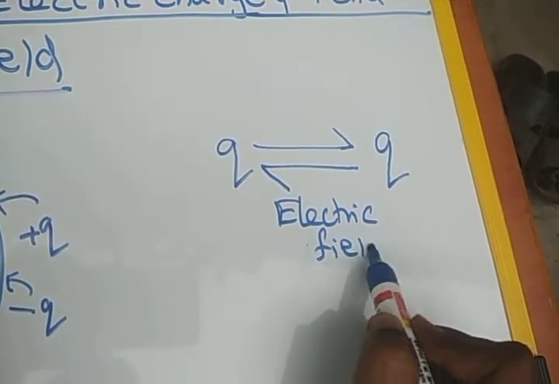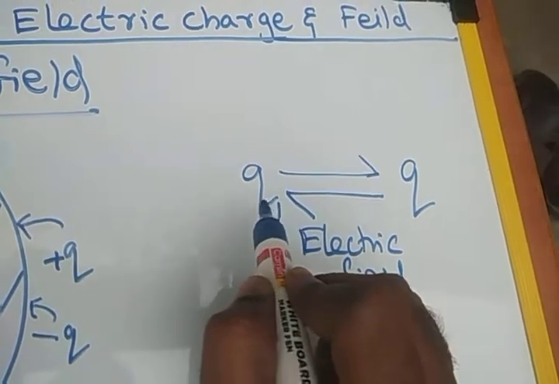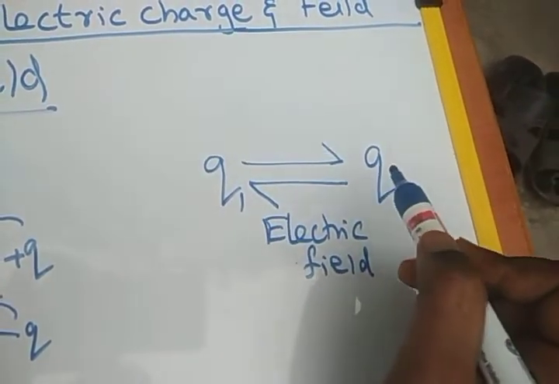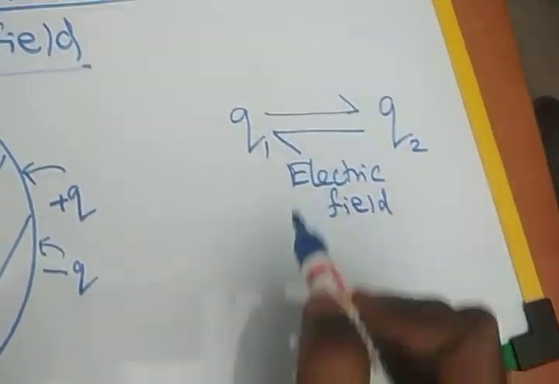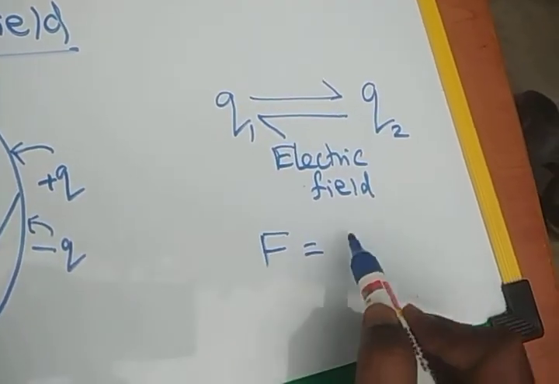So that means this Q1 charge will exert a force on this charge. Also, this charge exerts a force on the other charge. So that force is equal to the electric field.